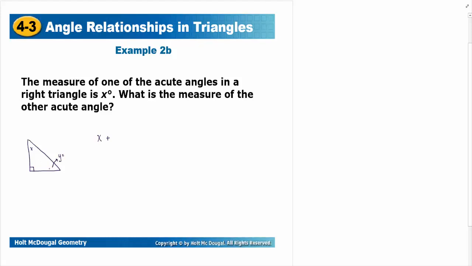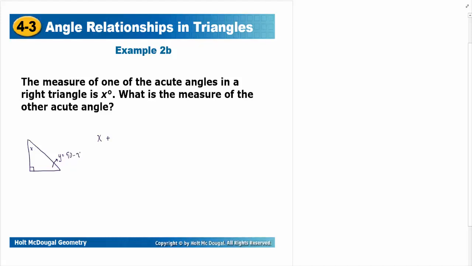Well, I know these two add up to 90. Just follow me for a second. If x was 30, then what would y be? Well, y in that case would be 60, right? 60 plus 30. But I can also go 90 minus that angle. 90 minus 30 is 60.